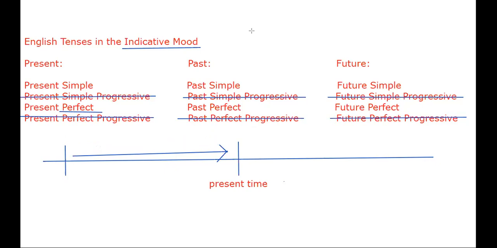So let's provide an example of the present perfect. Okay, so an example. I've finished my homework. Or actually, no. Let me provide a different example. Let me try something else.